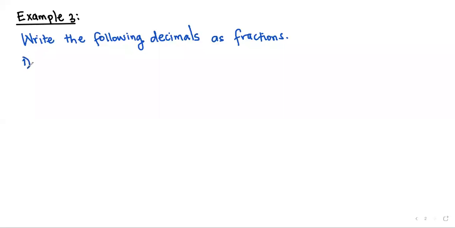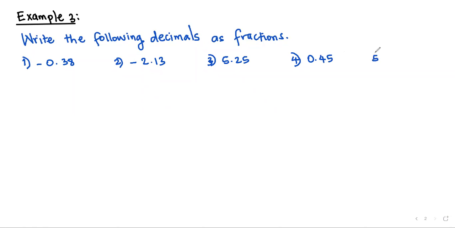So part 1, let's have negative 0.38. Part 2, let's have negative 2.13. Part 3, let's have 5.25. Part 4, let's have 0.45.